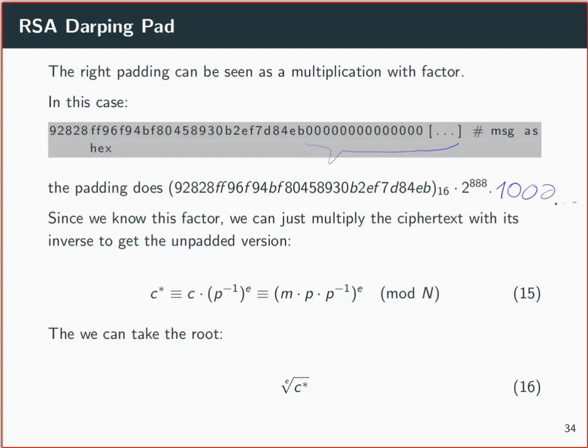So it's actually our original AES key multiplied with a power of 2. Well, since we know this factor, this power of 2, we can just multiply the ciphertext with the inverse of our padding in order to receive the original AES key by taking the root. Okay, so what do I mean by that?